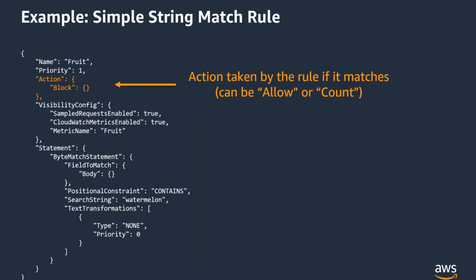Then you can see the action taken by the rule itself if it matches, and you can set this to allow or count. Count is another word for monitor mode, where it will not take the action, but it will keep the record of it so that you can see what has hit your web ACL within your log.